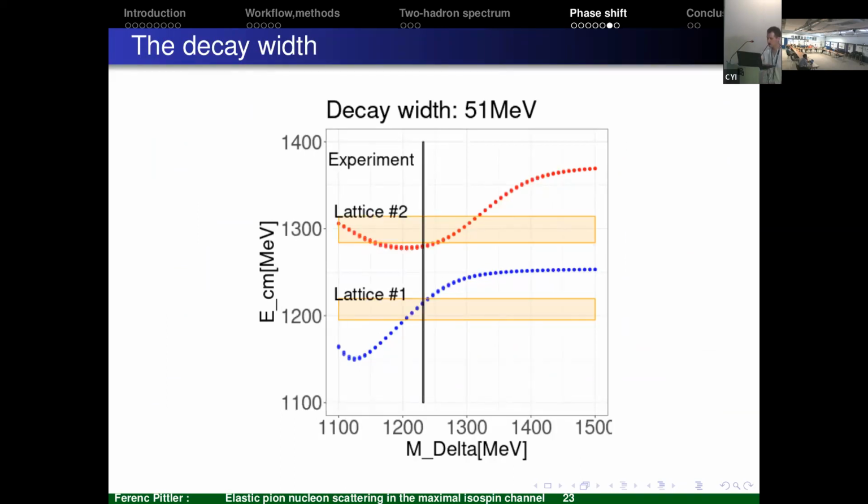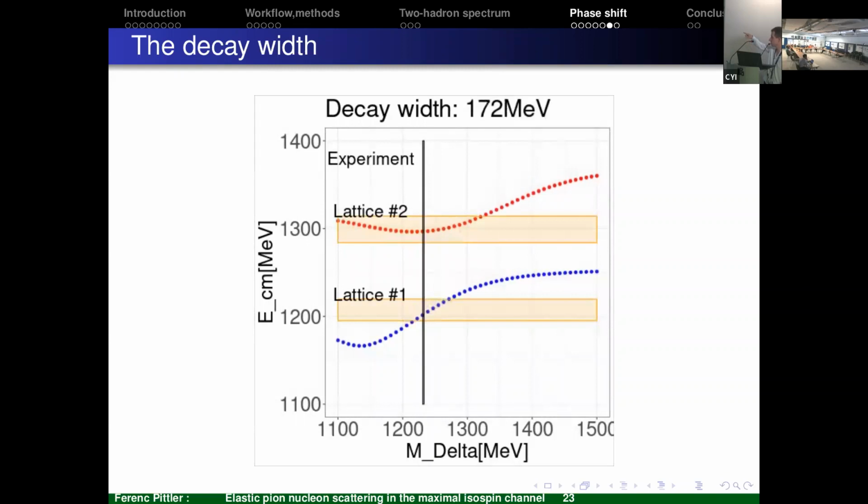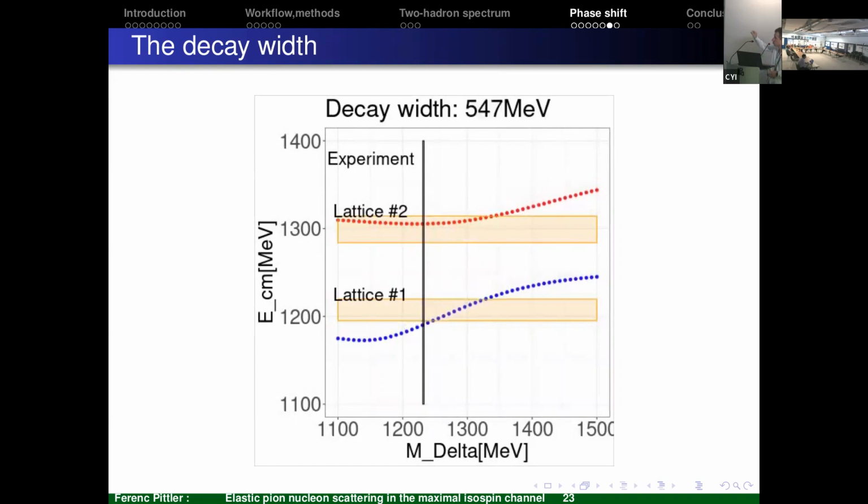Here, I basically started from 51 MeV for the width, and changed these two lines, which are the prediction of the Luescher quantization condition, to these two lattice levels that I include as horizontal bars. And yeah, they are basically compatible with the lattice levels in all of this range.